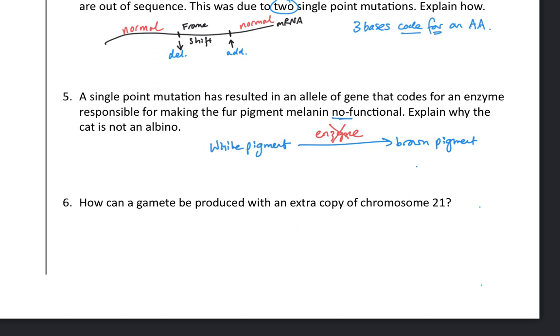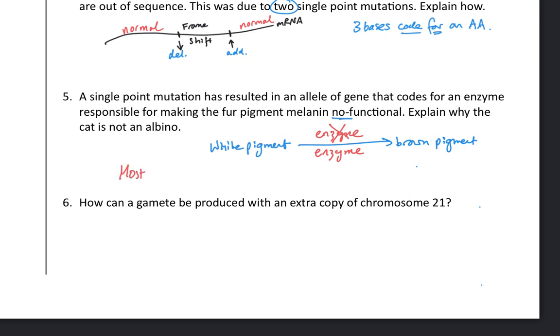However, we have genes in pairs, don't we? We have two alleles of each gene, assume it's not on a sex chromosome. So there's another enzyme made from the other homologous copy of that chromosome, and therefore there is a functional enzyme, so it will code for the brown pigment.